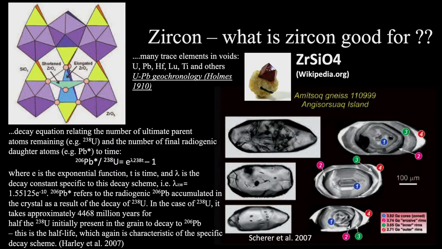And also the structure of zircon is not very complicated, because if you look at the axis here, this is the C-axis, we have two basic elements, namely silicon oxygen tetrahedra, sharing edges and corners with zirconium oxygen dodecahedra.